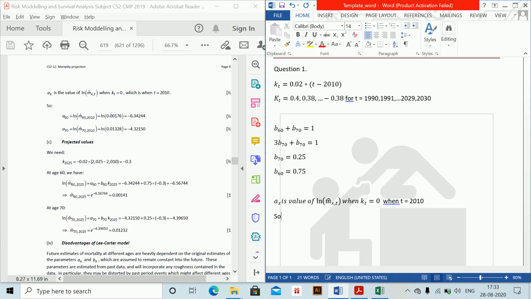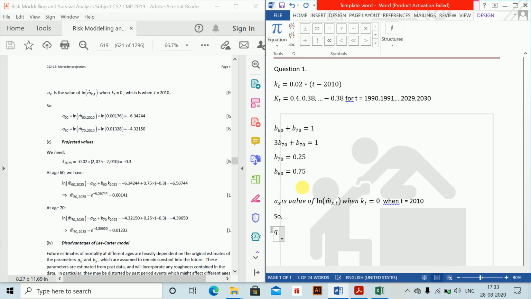So a60 is equal to ln of m hat (60, 2010), which is ln 0.00176, equal to minus 6.34244.